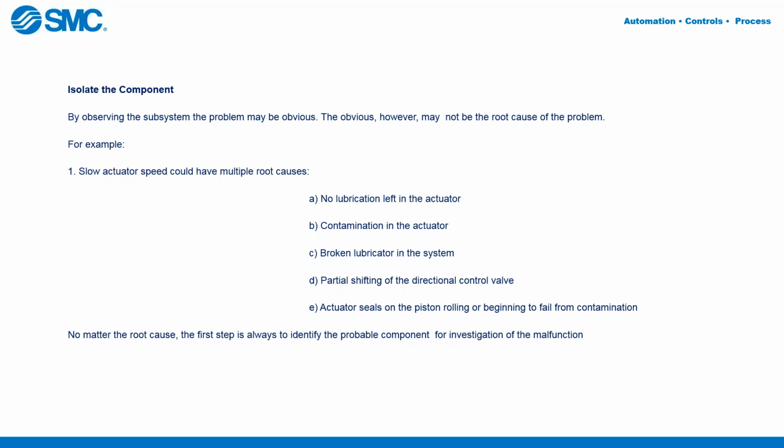Could it be rod seals? And any of those things would need to be identified so that the root cause can be addressed as well. Once we've determined that the cylinder is the problem, how do we keep that problem from coming back? We're always interested in fixing things so that they stay fixed, right?